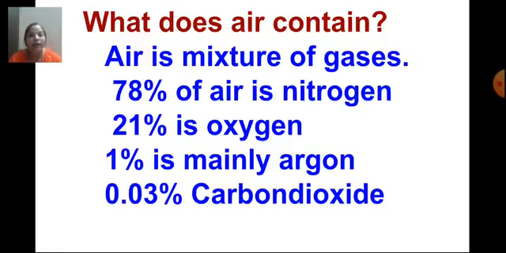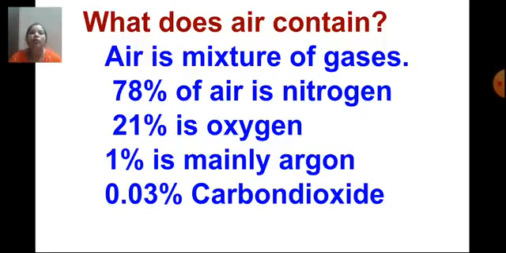Now we know that we require oxygen for breathing, right? We inhale oxygen and give out carbon dioxide. Carbon dioxide is present in a very small amount, that is 0.03%, but it is very important for human beings as well as plants. Why? Because plants make their own food by the process of photosynthesis, for which they require carbon dioxide, water and sunlight.